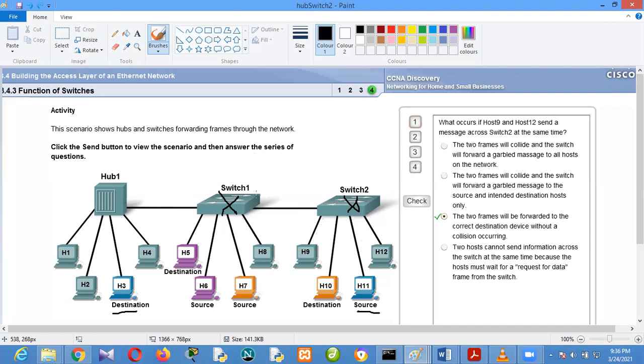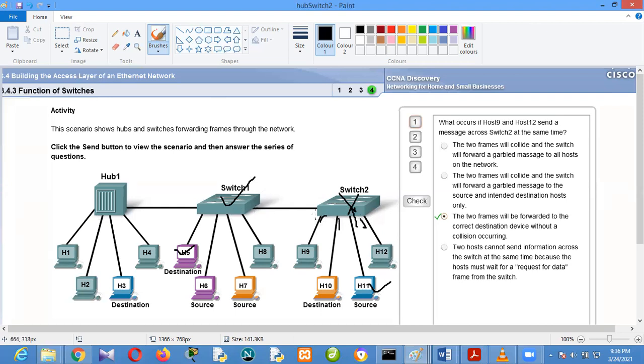But if, for instance, this one has its ARP table filled up and this one does not, and H11 is asking who is H5, when it gets here, this guy will flood it.